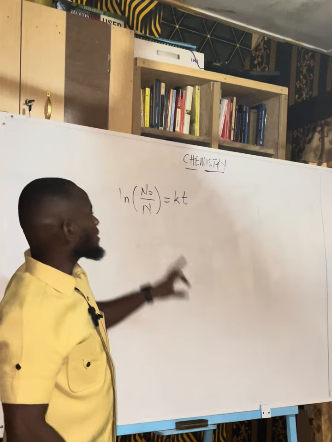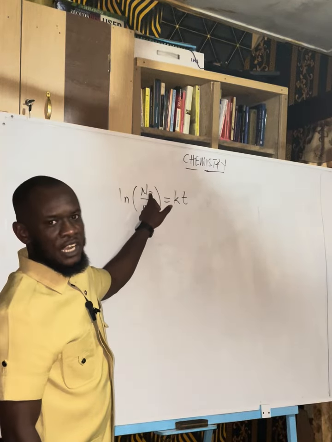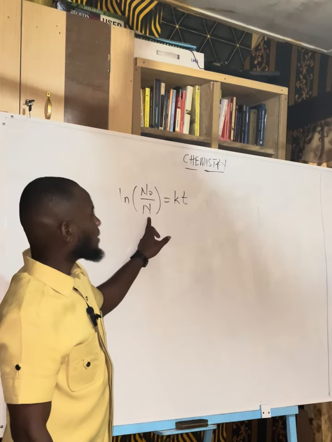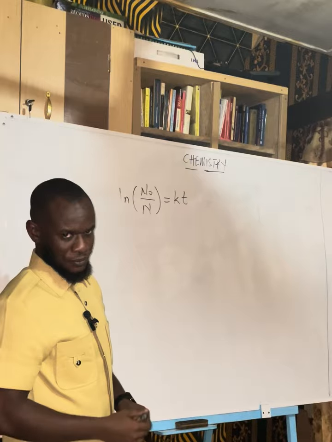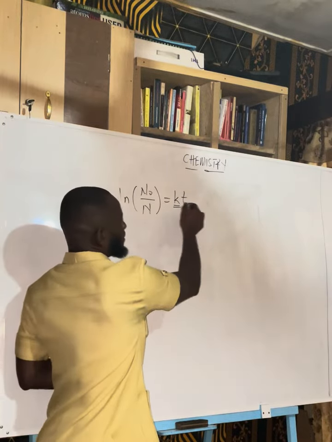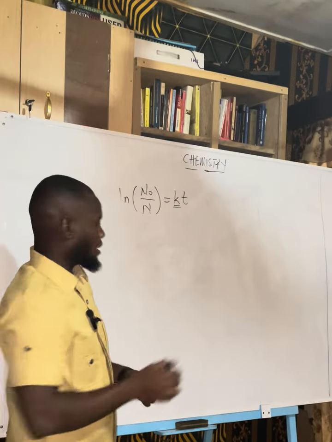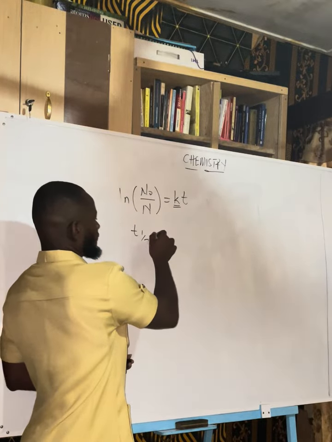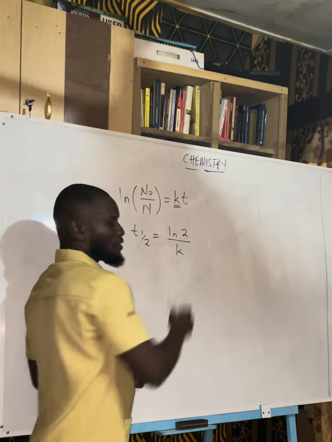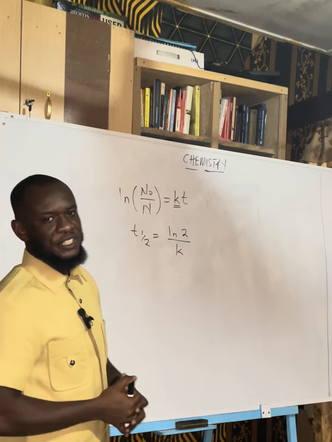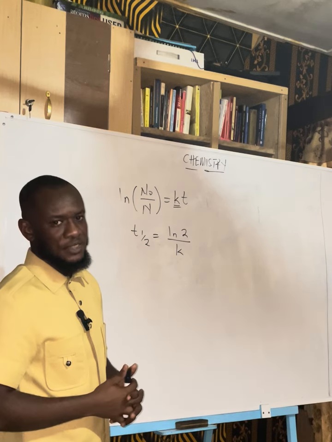So we said that the natural log of the initial amount over the final amount equals the decay constant times t. So if you are able to find your decay constant, which is k, then half-life will be equal to ln 2 over k. Ln 2 here represents 0.693.